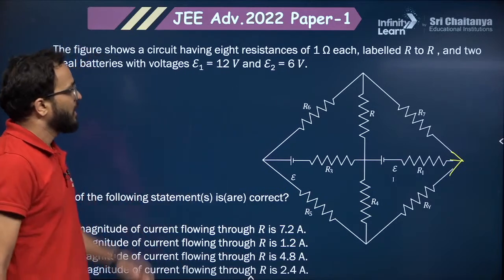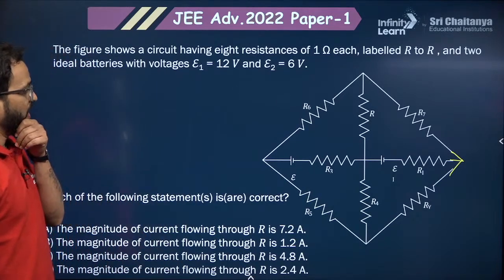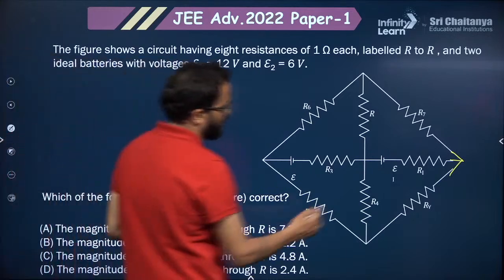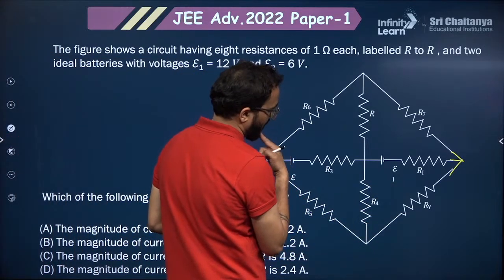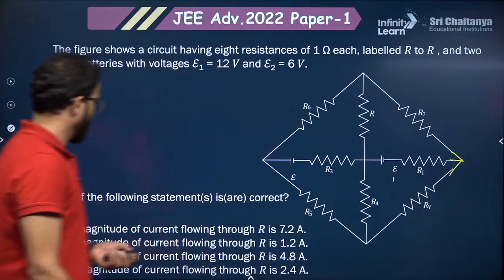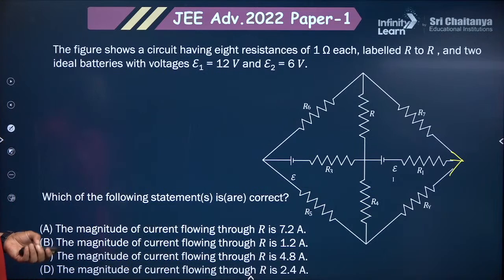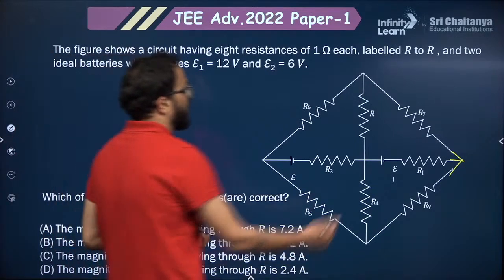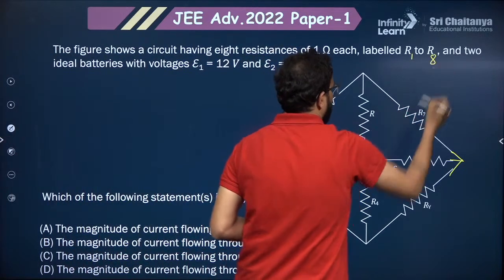So the problem is, as you can see, R1, so what is missing? R7, the diagram is not complete, just R1 to R8. Okay, first of all labeled R1 to R8.